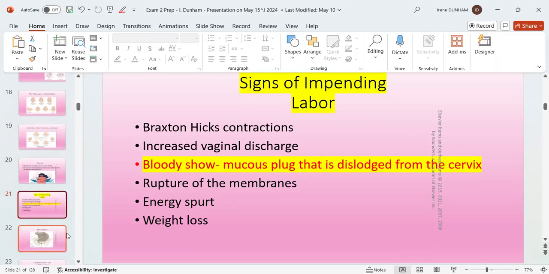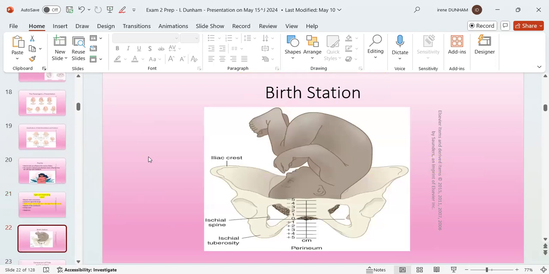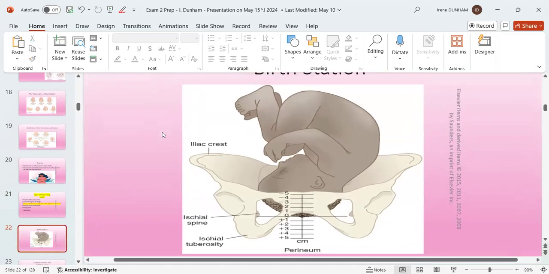All righty, let's go over another important concept for you to understand, the station of the baby. You might have a question on this, so make sure you understand it. Here are your ischial spines on the pelvis, and these are really bony prominences that stick out.